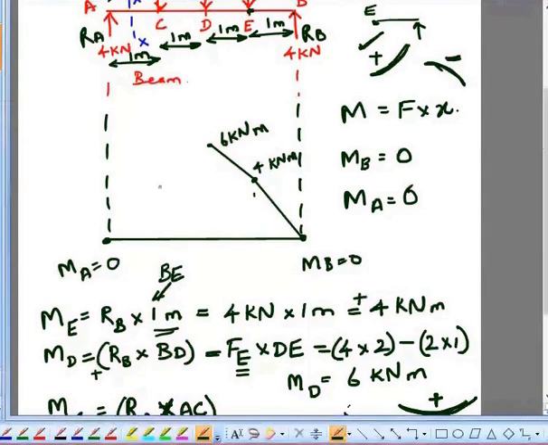Now you have to connect these 2 points. So this is 4 kilonewton meter. And what is the bending moment at point A? It is 0. If you want, you can check.